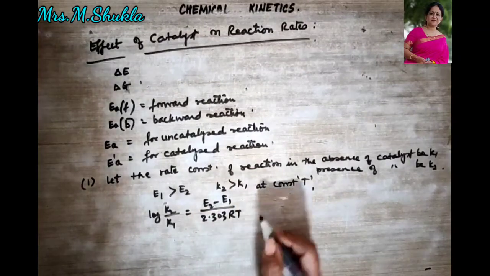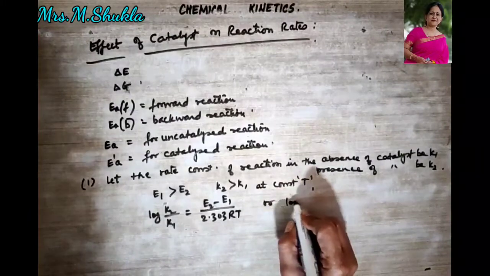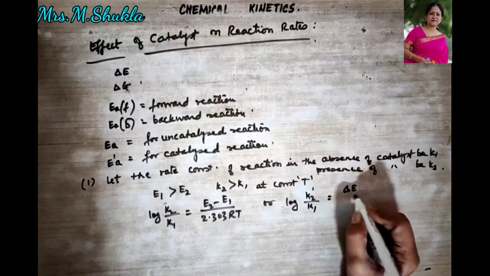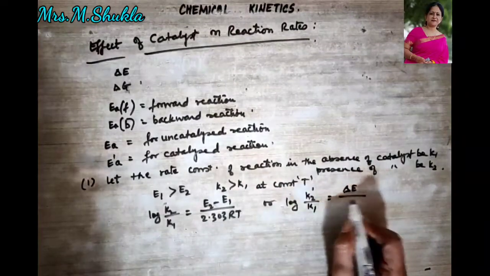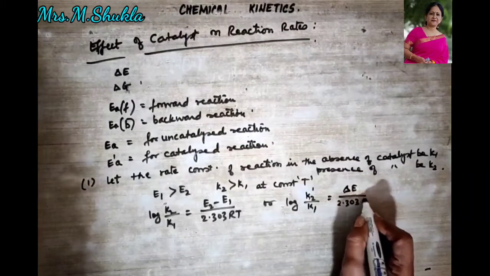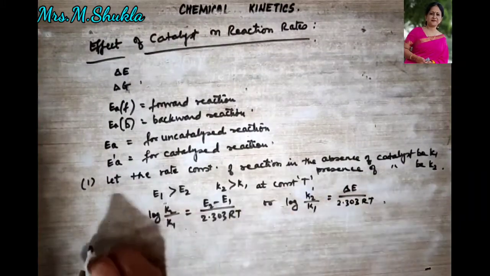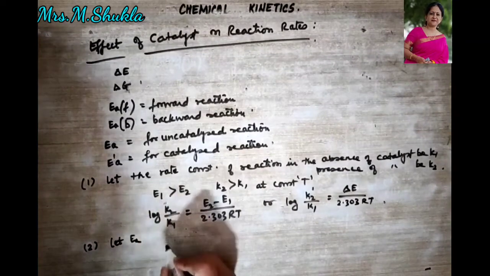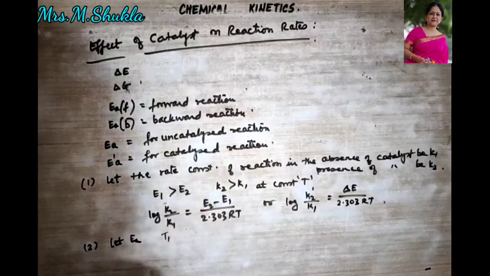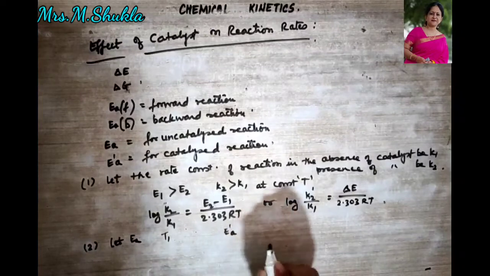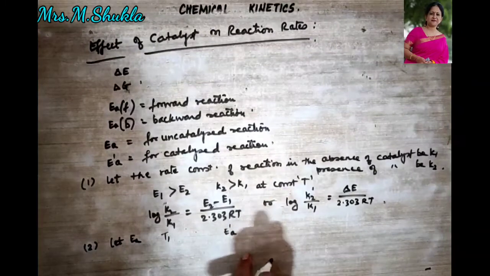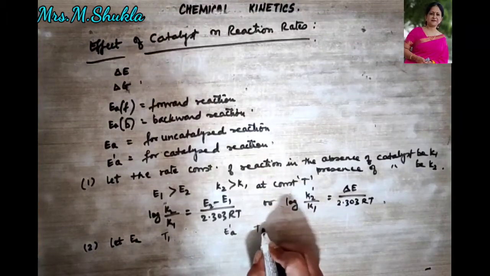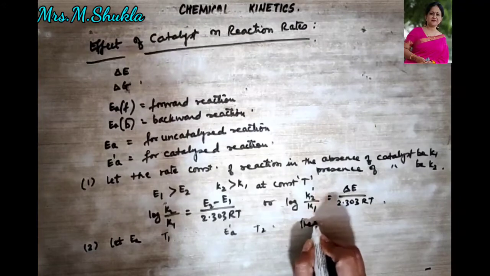2.303 RT. Okay, or this can also be written as log K2 upon K1 is equal to delta E, that is the change in energy, upon 2.303 RT. Right? Now, secondly, let your EA be the activation energy at higher temperature, that is T1, and E-A dash be the decrease in the activation energy barrier after adding the catalyst at lower temperature, that is your T2.